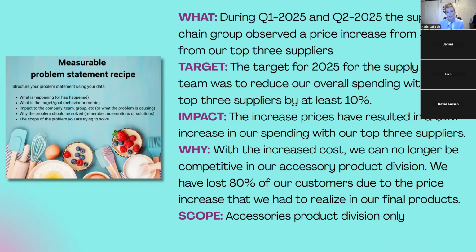The increased prices have resulted in a $1 million increase with their spending with the top 3 suppliers. Why should we solve this problem? Well, with the increased cost, we can no longer be competitive in the accessory product division. We've lost 80% of our customers due to the price increase that we'd had to realize in our final products. Scope, accessory product division only.